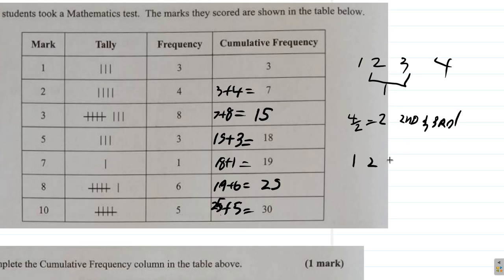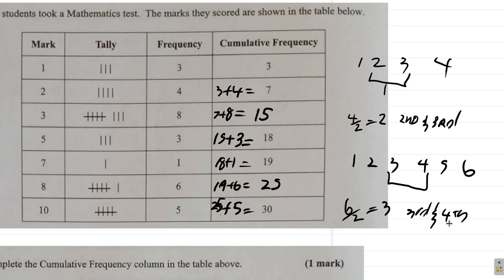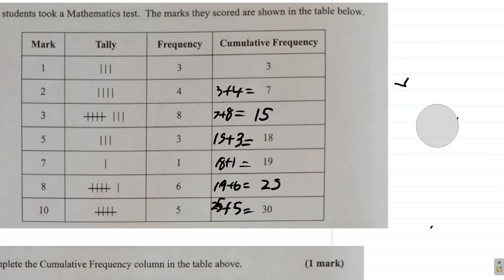Suppose you had 1, 2, 3, 4, 5, 6. Which 2 would be in the middle? It would be 3 and 4. 6 over 2 is 3, so the median is the third and the fourth, that one and the one following it. Suppose you had 8 numbers, 1, 2, 3, 4, 5, 6, 7, 8.